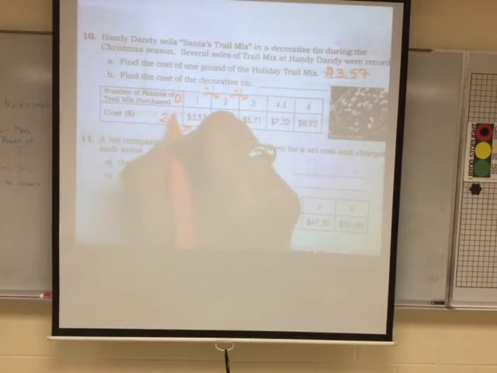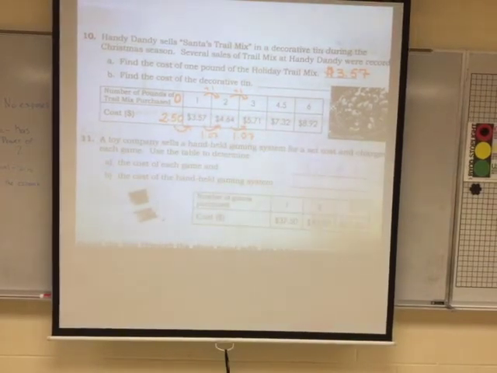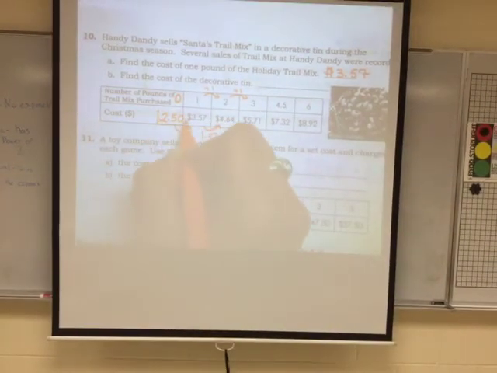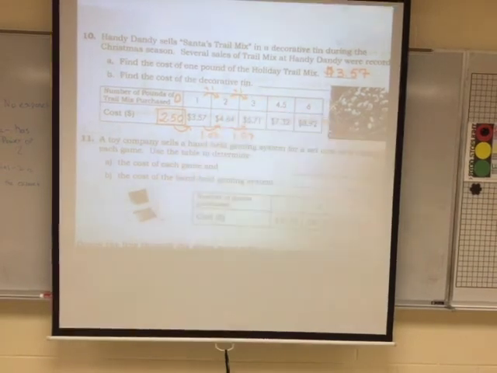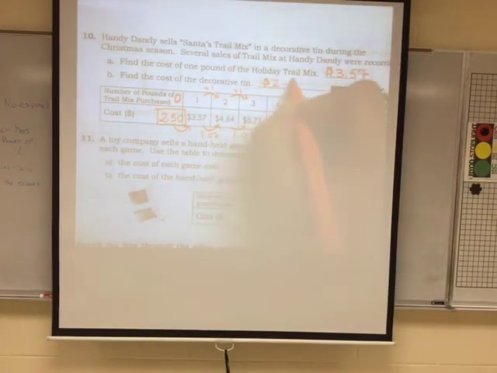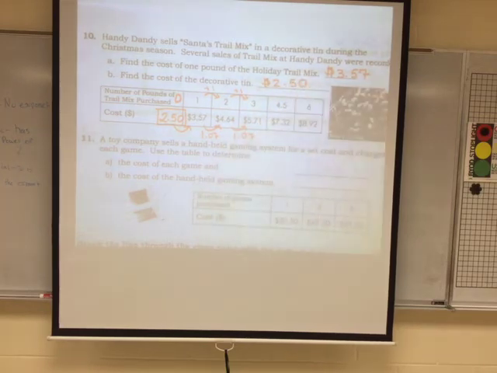And that would be $2.50. So the cost when I buy 0 pounds of trail mix would be $2.50. So that would be the cost of the decorative tin. Number 11 can be done using the same method.